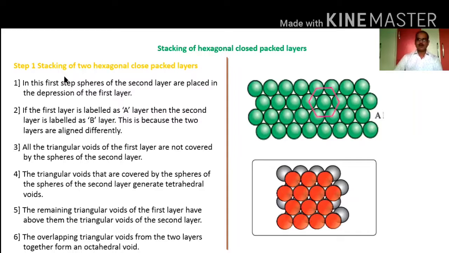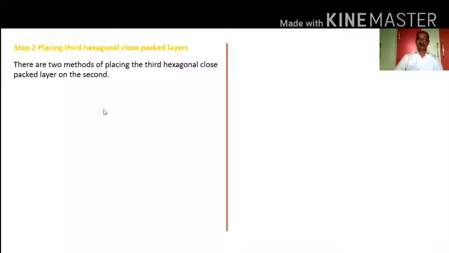In this first step, the first layer and the second layer are arranged together. Now, in the second step, I will place a third hexagonal close packed layer on the second layer. Now, placing of the third hexagonal close packed layer can be done by two different methods.